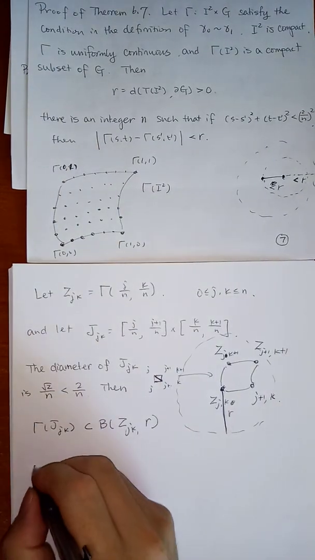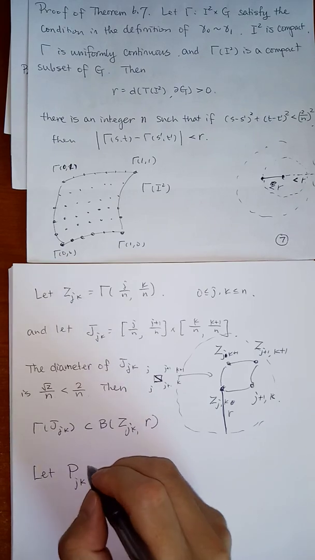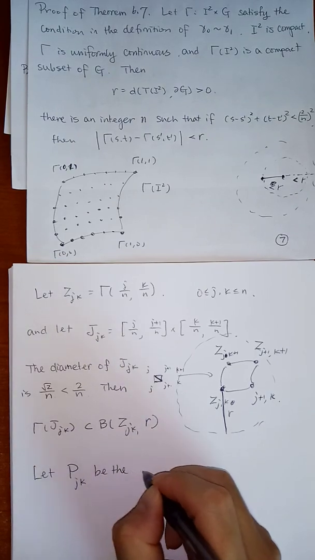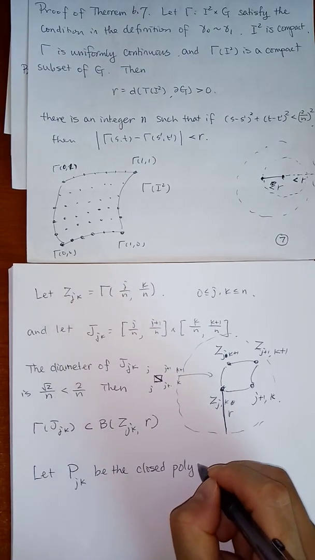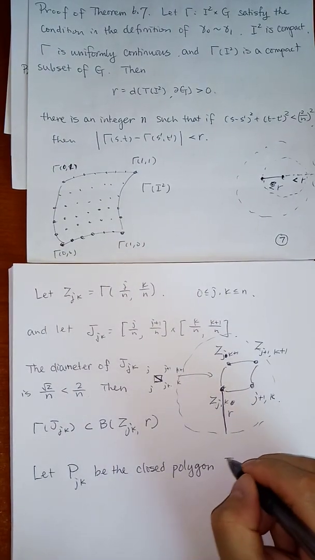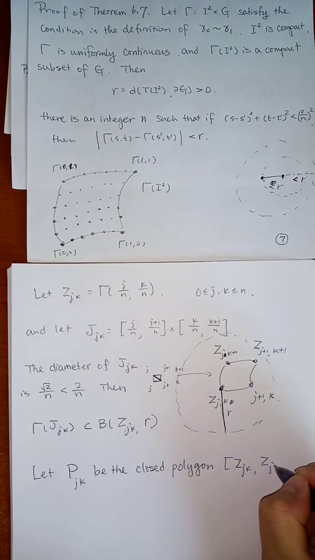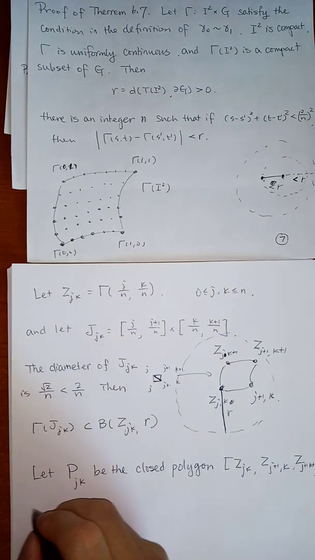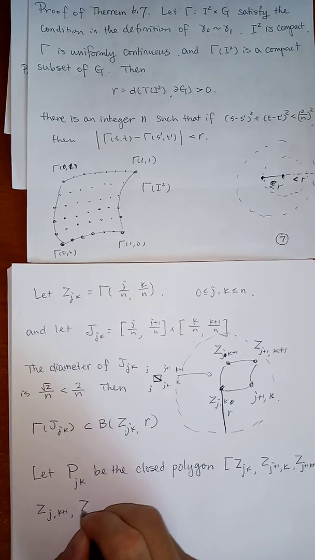Let P_jk be the closed polygon z_jk, z_{j+1,k}, z_{j+1,k+1}, and the last one z_{j,k+1}, and back to z_jk.